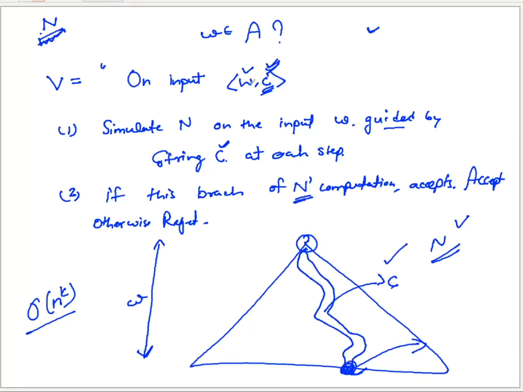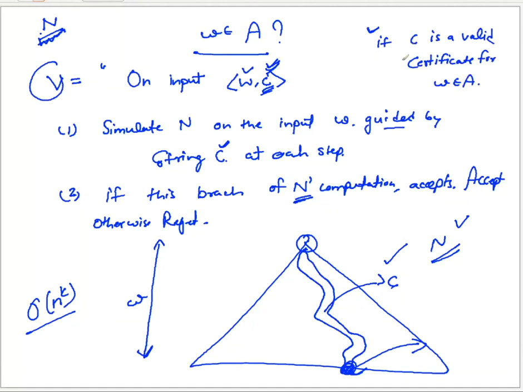So altogether, what does the verifier need to do? The verifier doesn't check whether W is part of A or not. It is not the job of V to check that. The job of V is to check if C is a valid certificate for W being part of A. It has to verify that. So given a certificate, you can validate it.